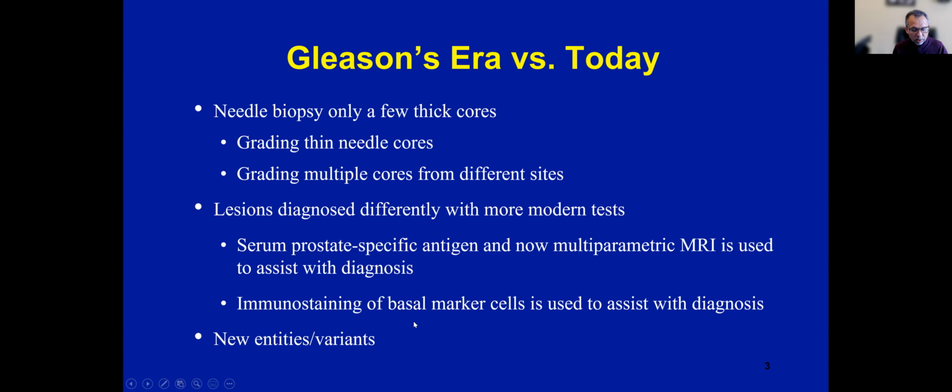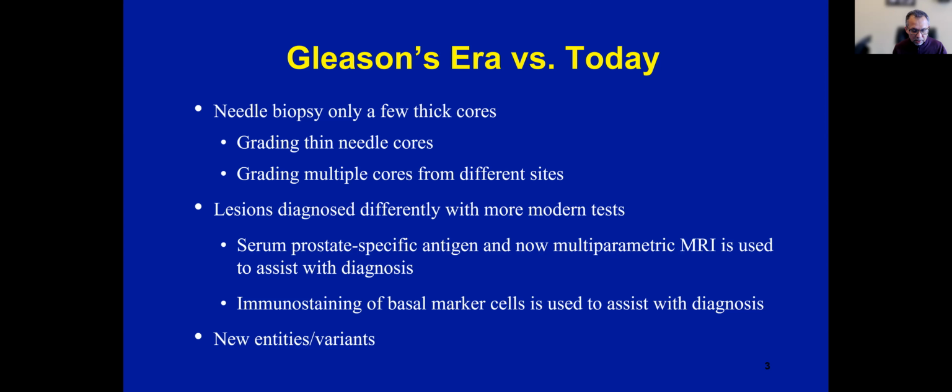At the time when Dr. Gleason introduced this system, there was no use of basal cell markers. So now we know that some of what he called grade 1 or grade 2 prostate cancer would in modern day potentially represent adenosis or adenomatous hyperplasia.